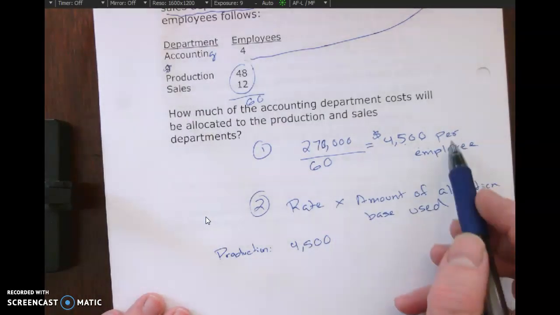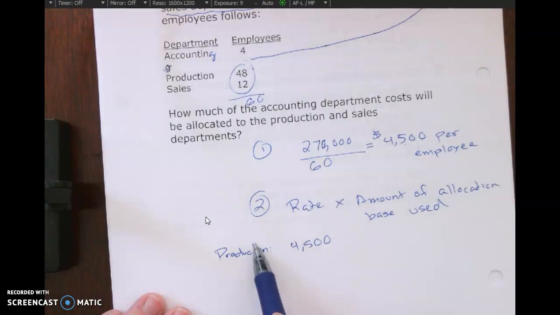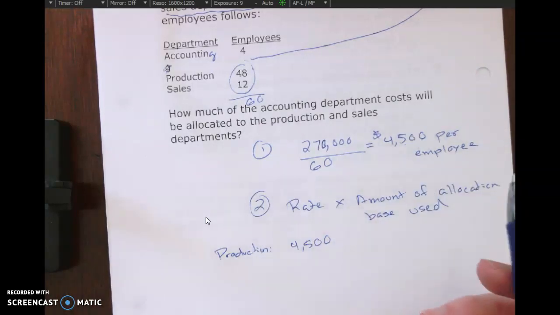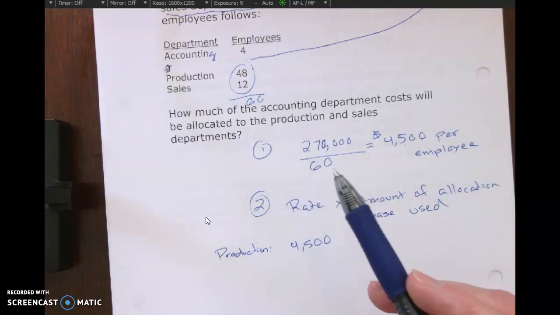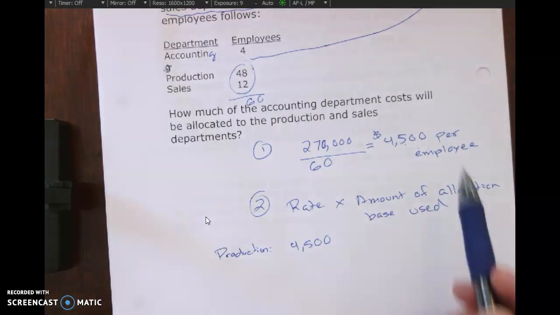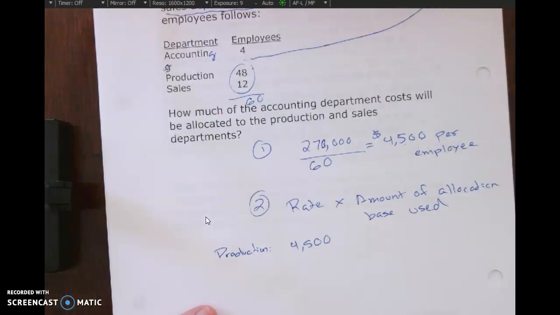So if we think about it that way, if we were to write it out like that, it makes the second part, which is to figure out how much of that $270,000 goes to production, how much goes to sales, a lot easier. So we say we have $4,500 per employee, and production has 48 employees.